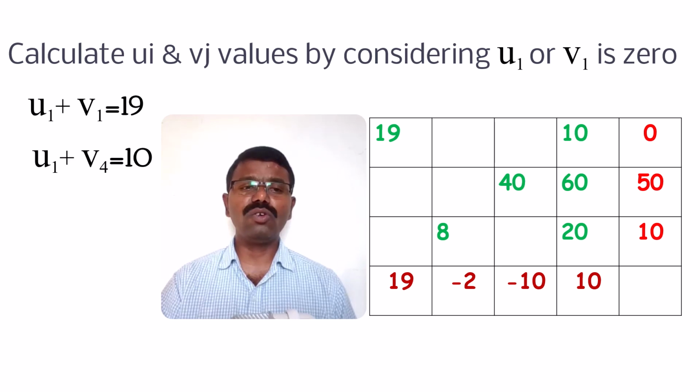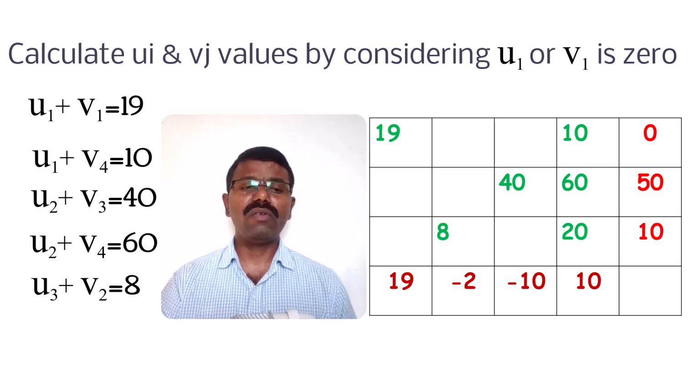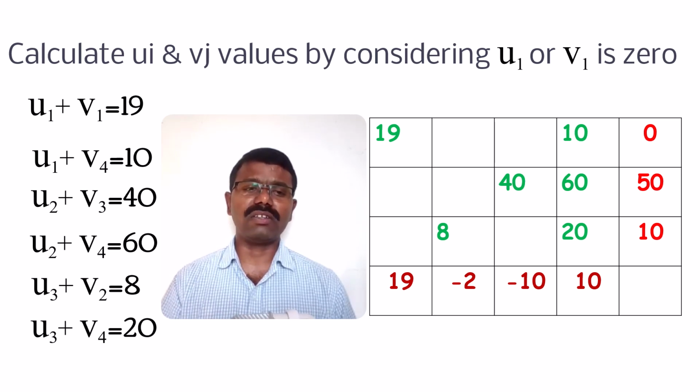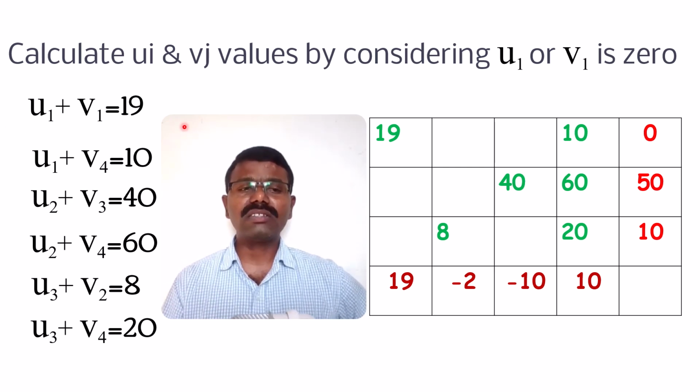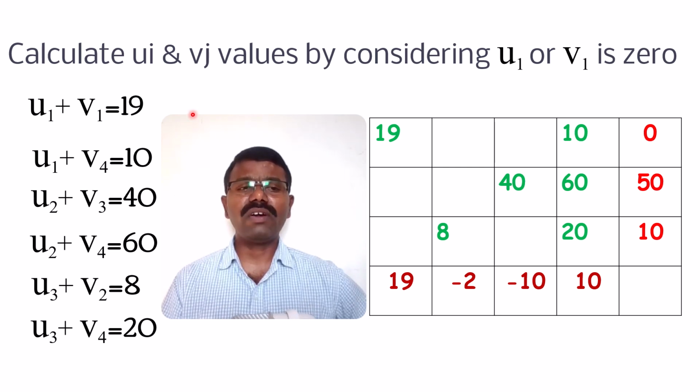So calculate u1, u2, u3, and v1, v2, v3 and v4 by using this equation. Now how can we solve without having any value? We can't solve, because we should know any one value. So first consider either u1 or v1 is equal to 0.